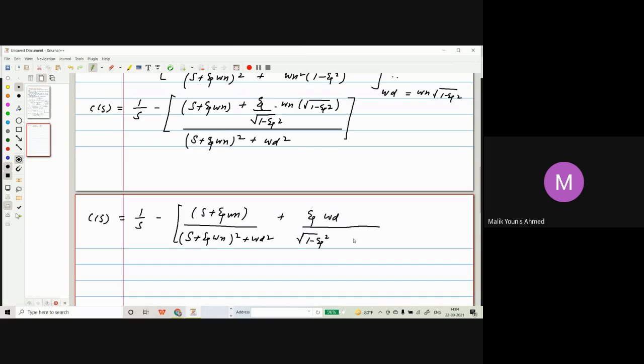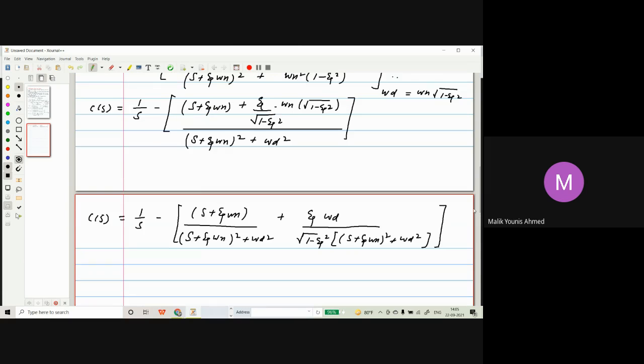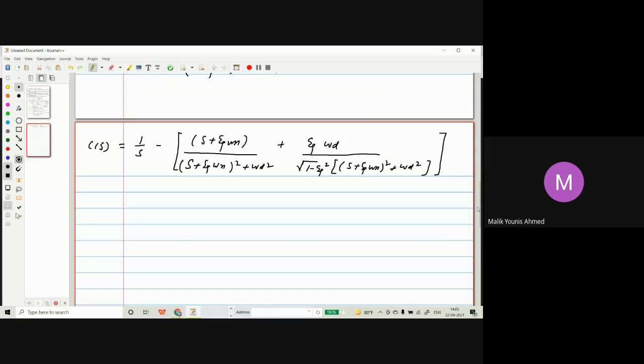Okay, then we have the same term s plus xi omega n whole square plus omega d square. So I am writing it like this. A bit of manipulation I have done. I have separated the two terms and the denominator I have kept the same. Okay, this is what we have for the time being.